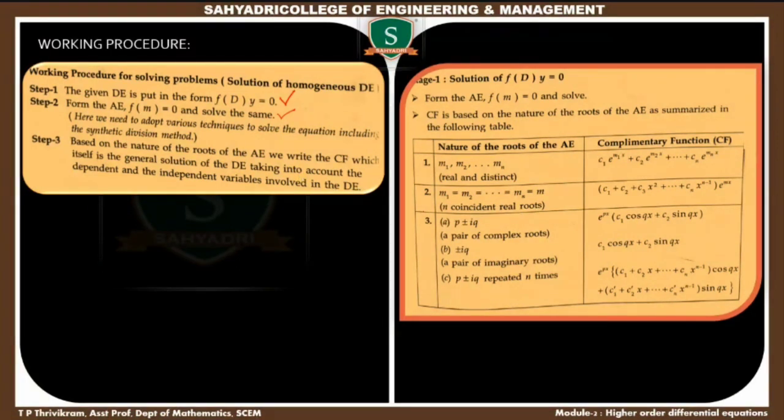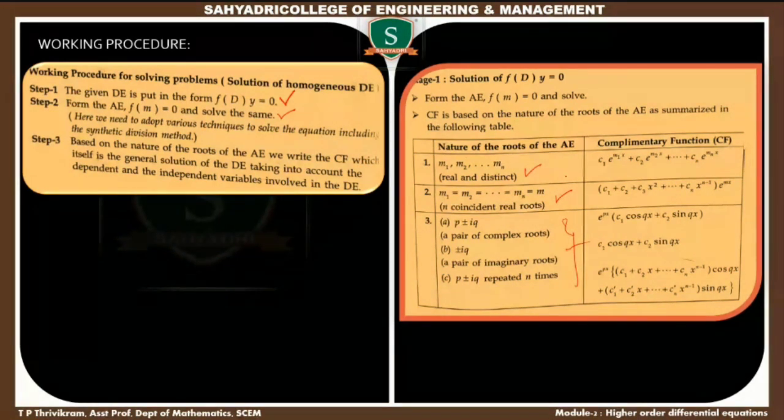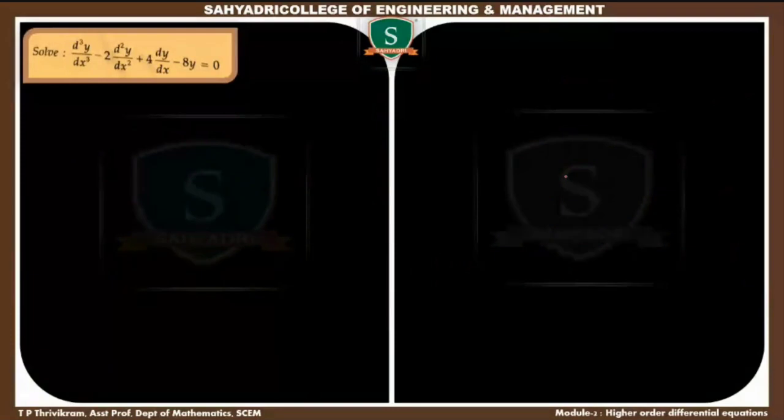So here is a table. How can you write the solutions for real and distinct roots, similarly the solution for repeated roots and similarly for complex roots. Let us see how to write the solution for this equation.